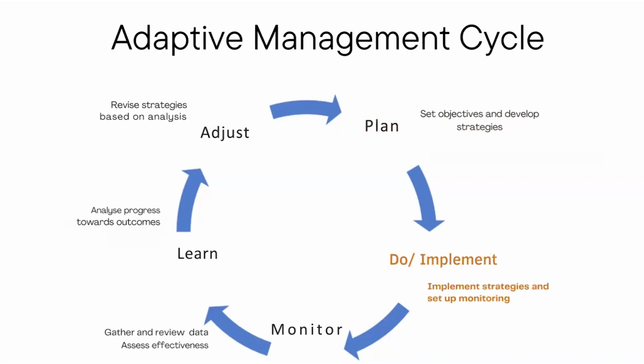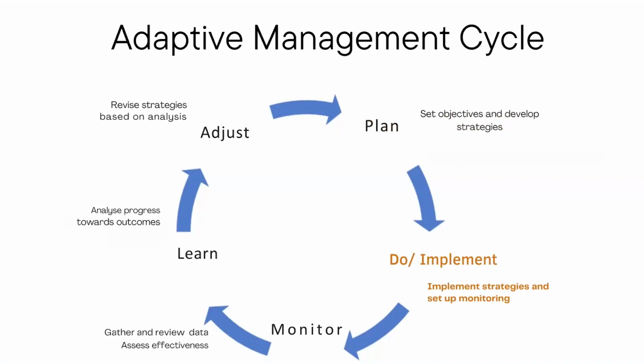Then we have this do or implement step. It's really what we're implementing, the strategies that we set out to do in our plan. And we also think about how are we going to set up some type of monitoring to understand if we're achieving our success.